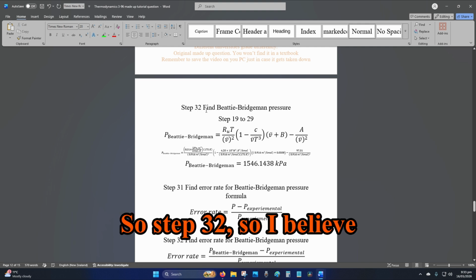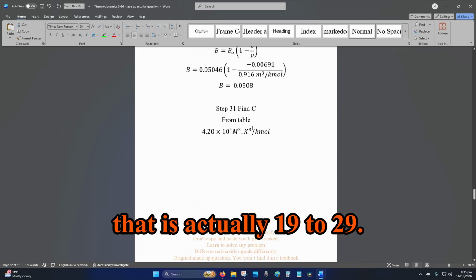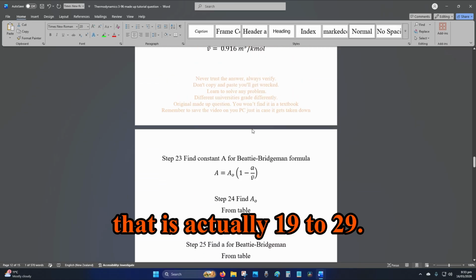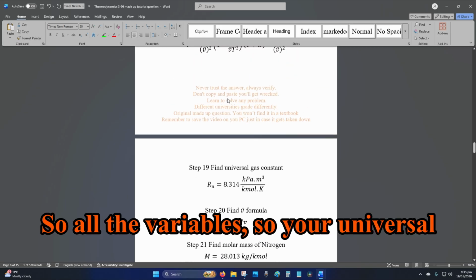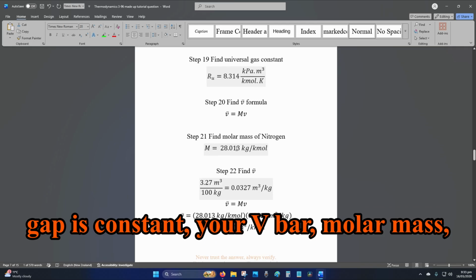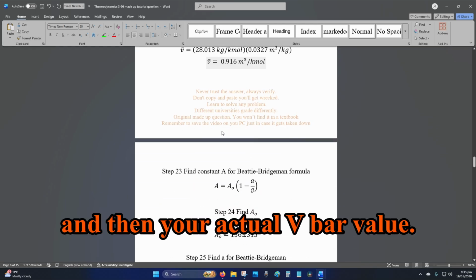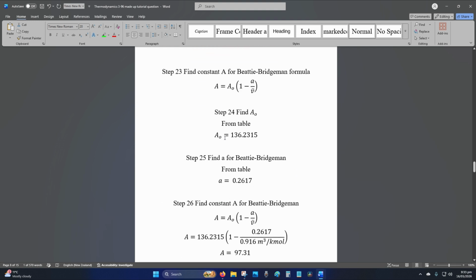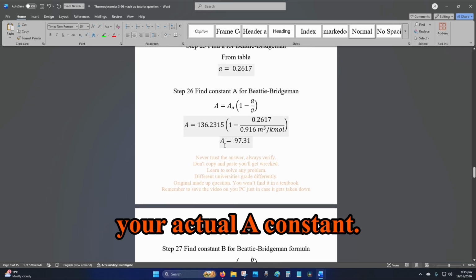So step 32, so I believe that is actually 19 to 29. Okay, so 19 is correct. So all the variables, so your universal gas constant, your V bar, molar mass, and then your actual V bar value, and you've got your A naught, your little a, your actual A constant.